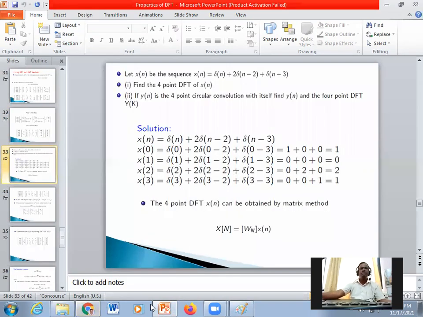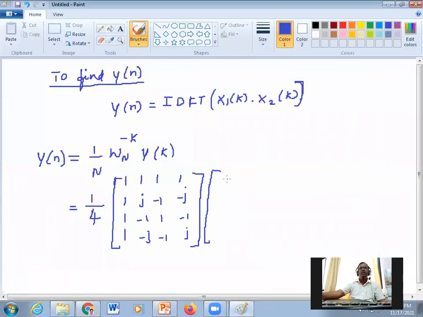Now, what is the value we got there? It's 140. I think it's minus 4, minus 8 and minus 4. Let us simplify this and tell me the answer. This will be 1 by 4 multiplied with this.